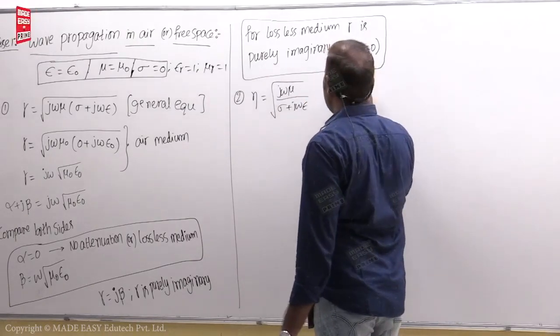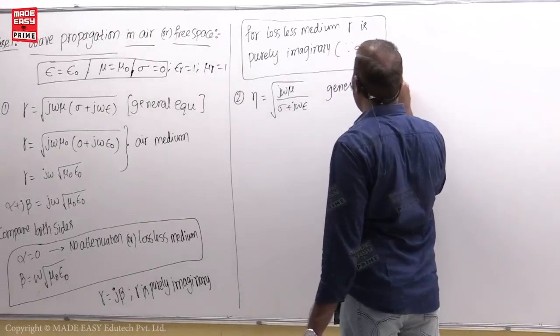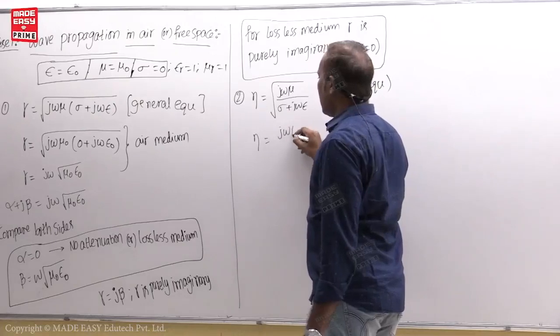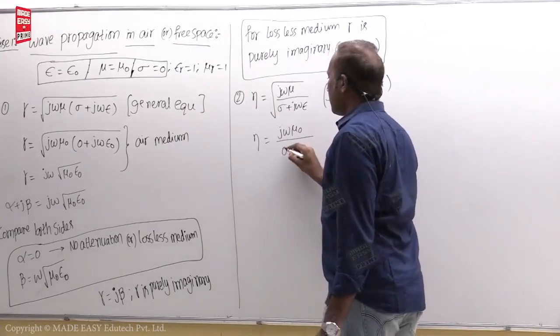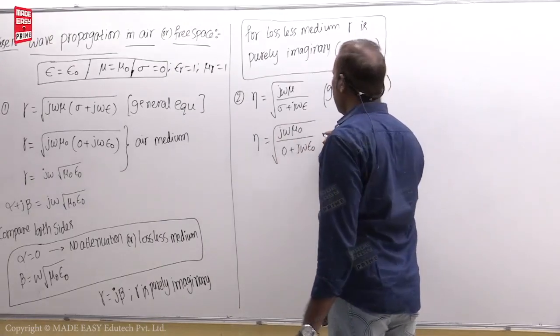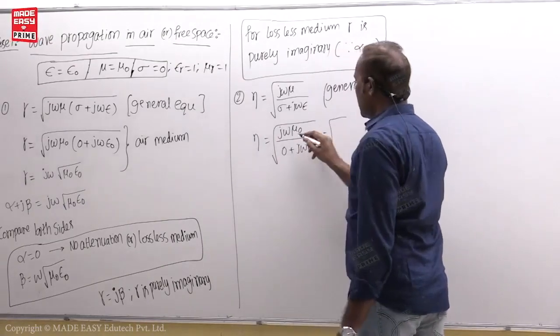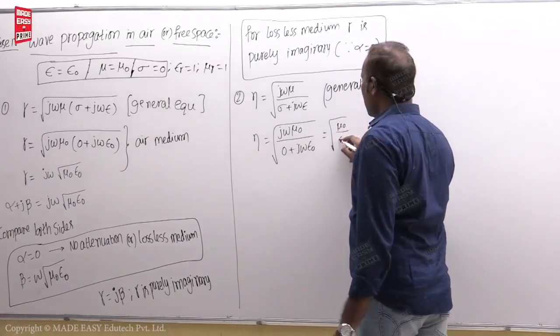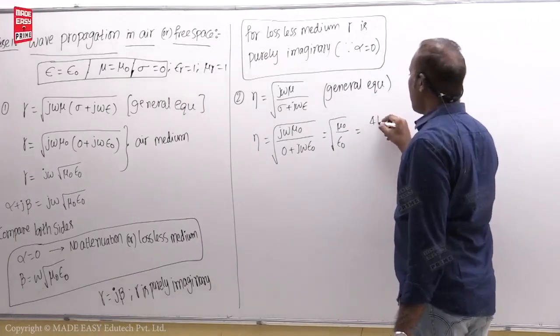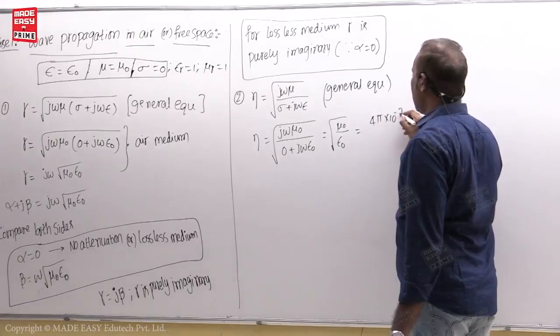This is a general equation. General equation means applicable for all mediums. Now for air medium, mu is equal to mu naught, sigma 0, epsilon naught, and ultimately this becomes j omega cancels, root of mu naught by epsilon naught. So this mu naught is 4 pi into 10 to the power minus 7.